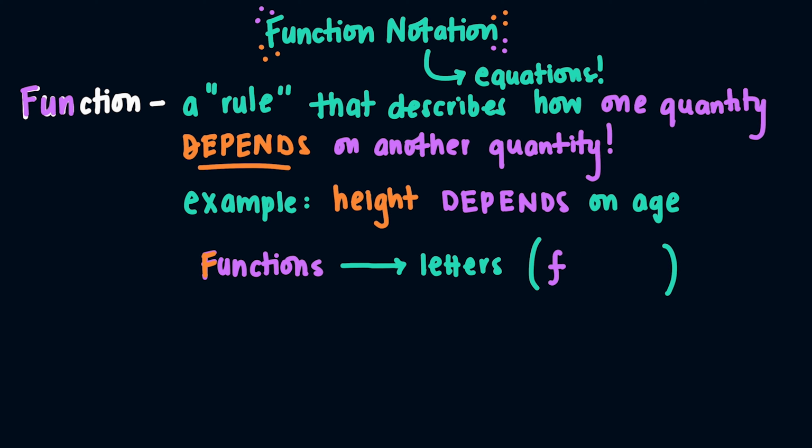And the three biggest letters that they use for functions is definitely F, but maybe you might see G, and maybe you might see H. Now, could it be any other letter? Absolutely. But these are just the major 3 that you will see throughout your math course. So when we are defining a function, we are just saying a letter. Okay. So now let's start putting it together.